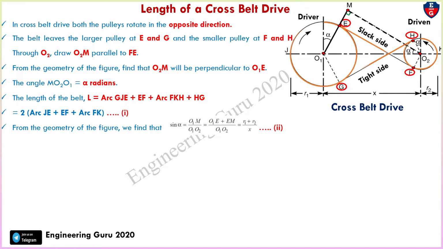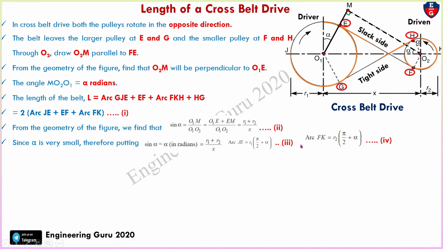Here R1 and R2 are the radii of the larger and smaller pulley, x equals the distance between the centers of the two pulleys, that is O1O2, and capital L equals the total length of the belt. Since alpha is very small, we can put sin alpha equal to alpha in radians, so alpha equals R1 plus R2 divided by x.